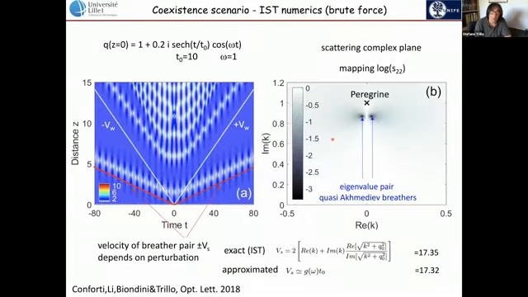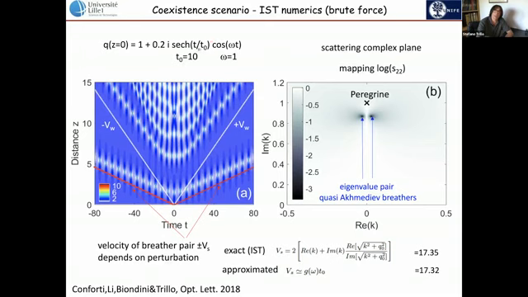So what I want to very, very briefly emphasize is that in fact there is a coexistence scenario. So in general, what you excite is both the breathers here and the auto-modulation inside the wedge. And this is what we initially did with Gino, essentially taking a more general perturbation.